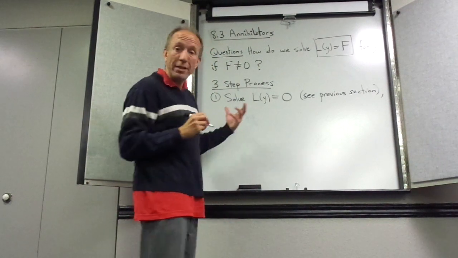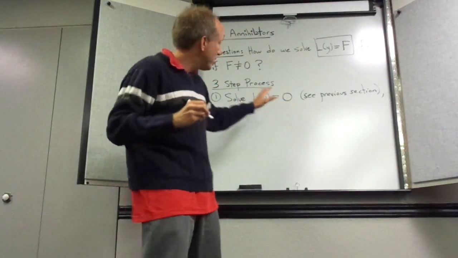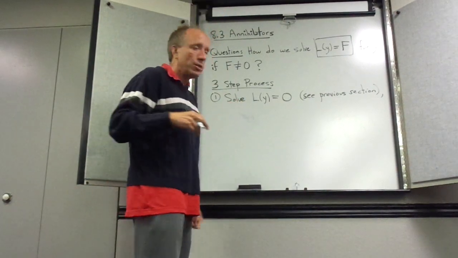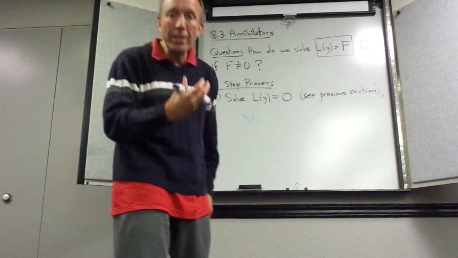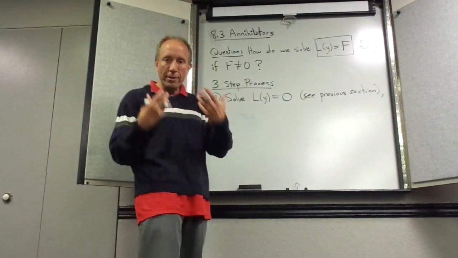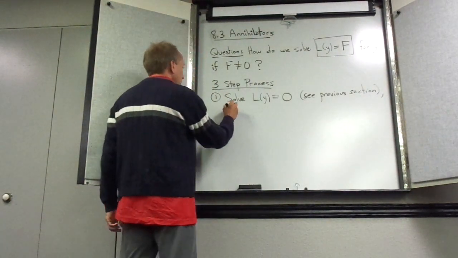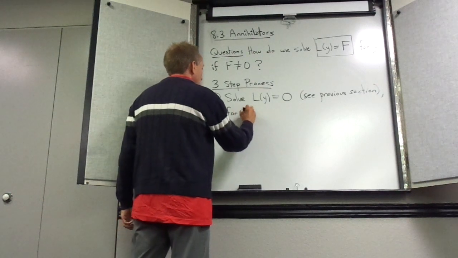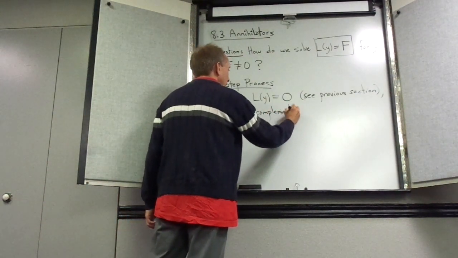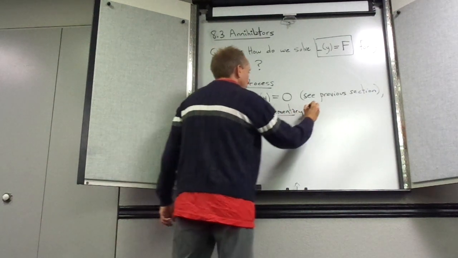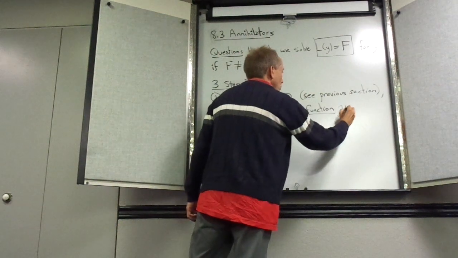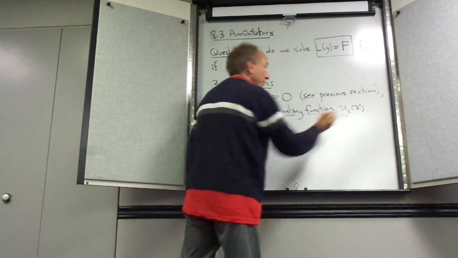And the name that we give to the solution to this corresponding homogeneous differential equation is, we're going to call this the complementary function. This is kind of a standard terminology in the theory of differential equations. So we're going to solve this for what's called the complementary function, and that function is going to be written y sub c of x.